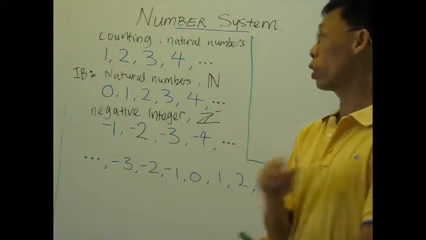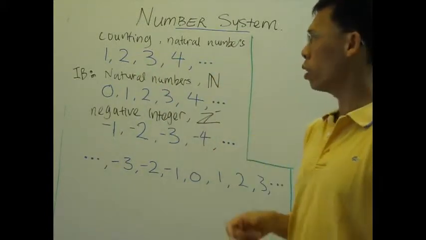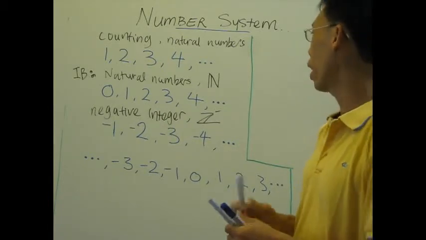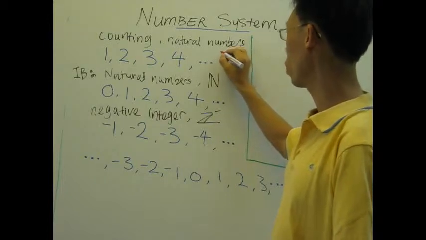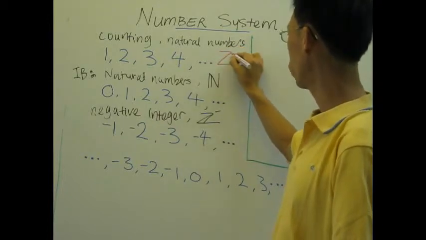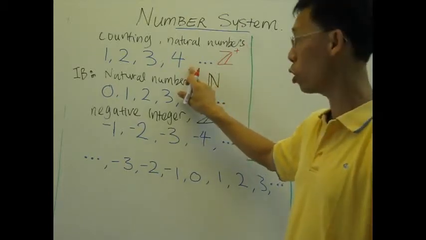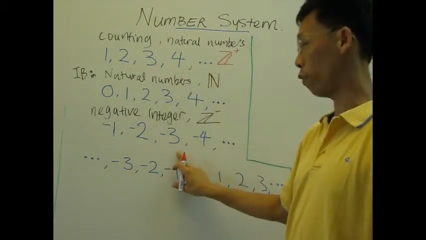And obviously, you can say, well, what is 1, 2, 3, 4? Isn't this an integer as well? Yes, those are also integers. Therefore, they are called positive integers, and denoted with a Z with a plus sign. These are positive integers, and these are negative integers.